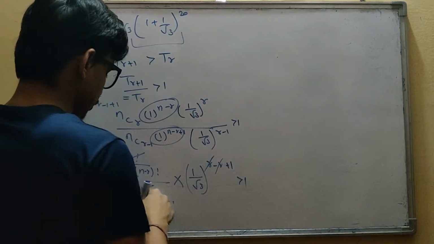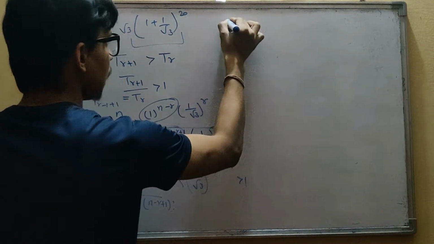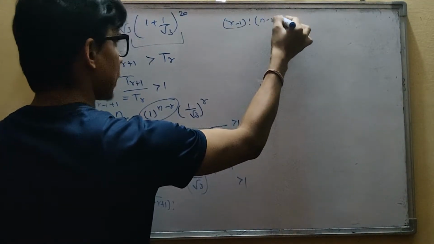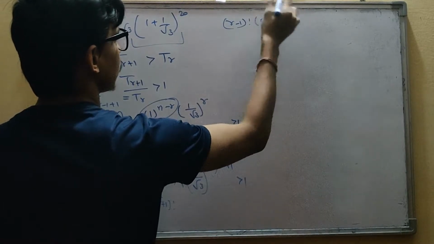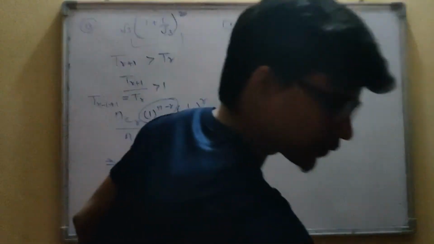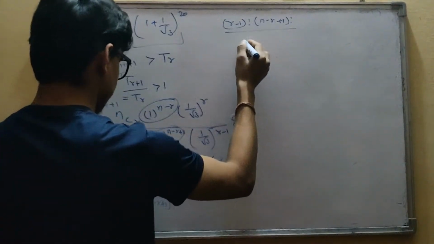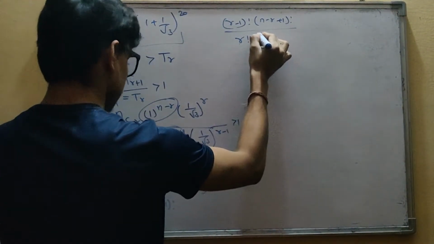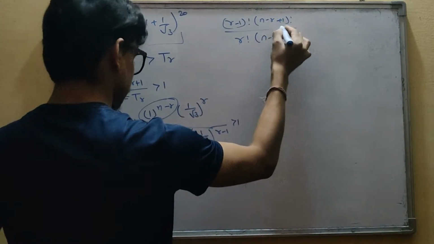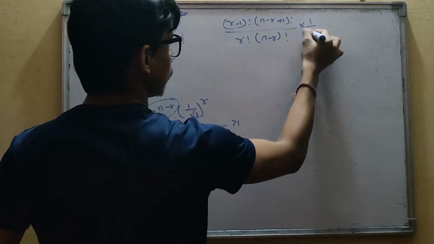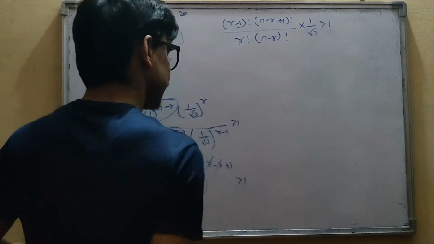Now what is remaining? This is going to be r minus 1 factorial and n minus r plus 1 factorial upon r factorial and n minus r factorial, and that's going to be greater than 1 upon root 3 is greater than 1.